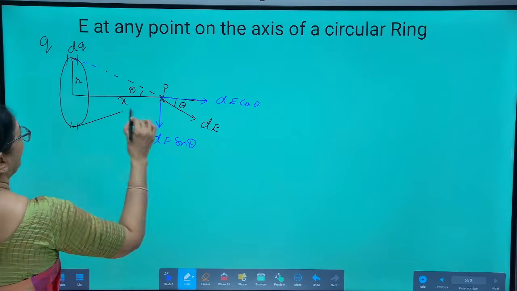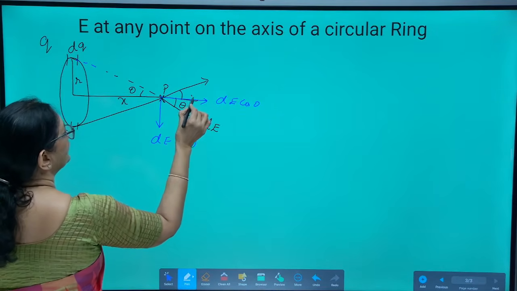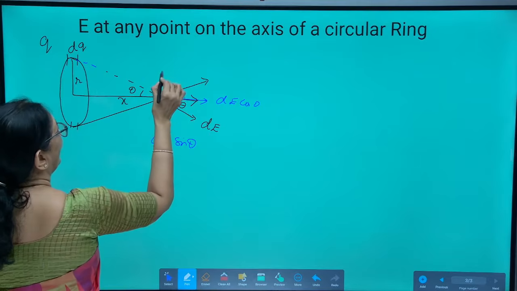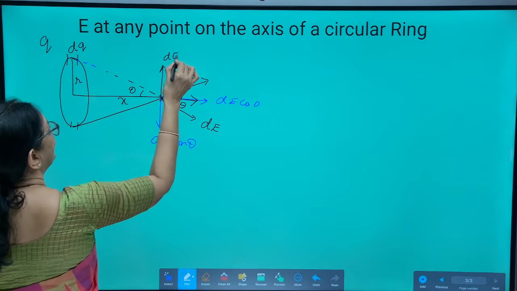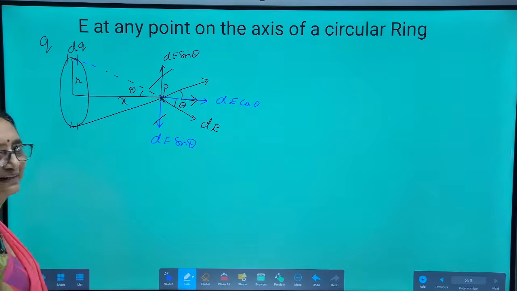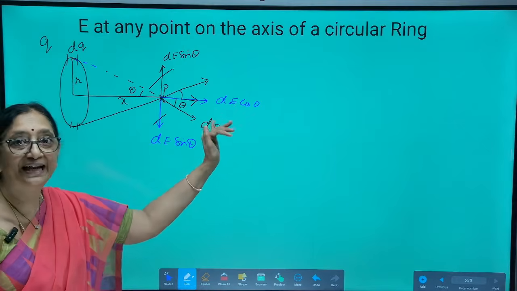If you draw the electric field intensity due to this, its component is also along this direction, dE cos theta, and the other component dE sin theta will be in this direction. So, these two just get cancelled, only these two components add up.